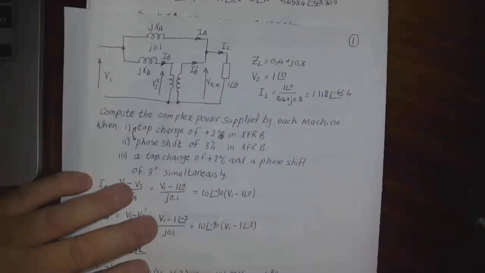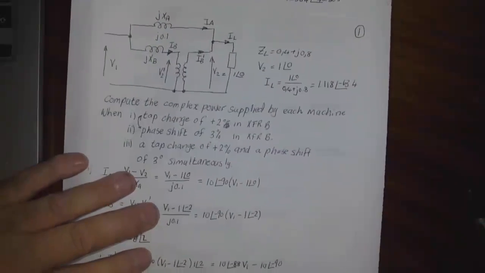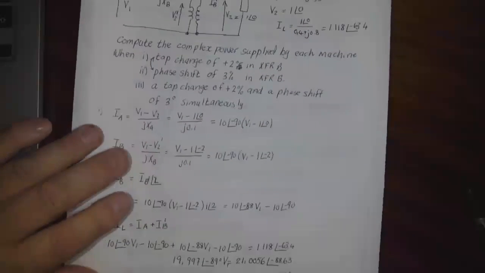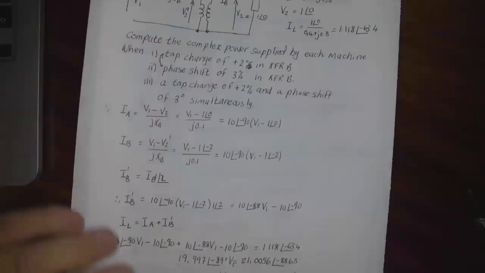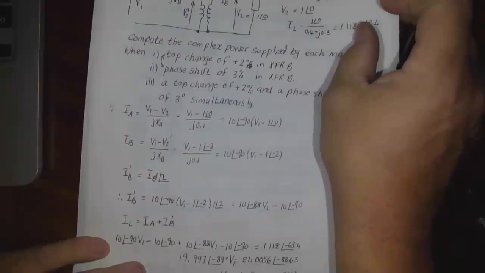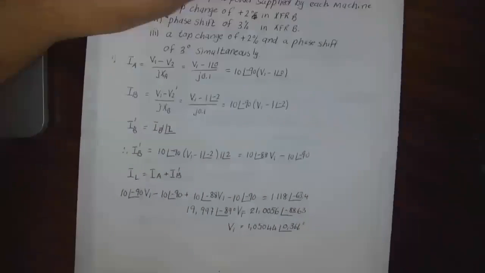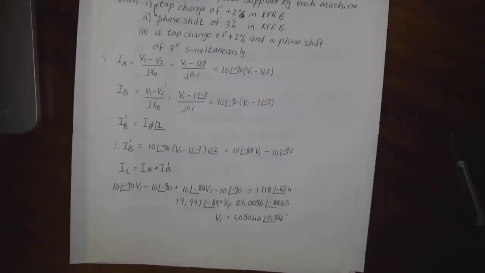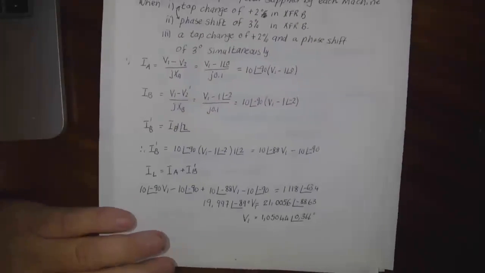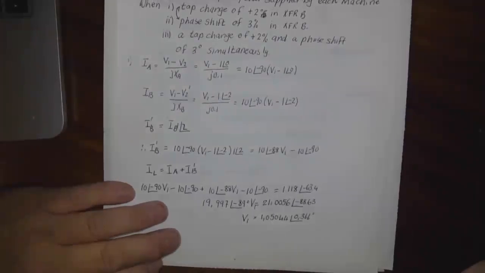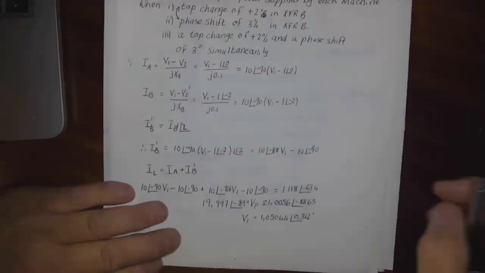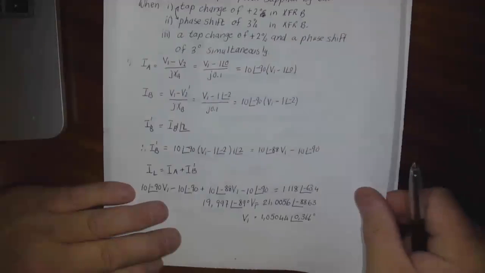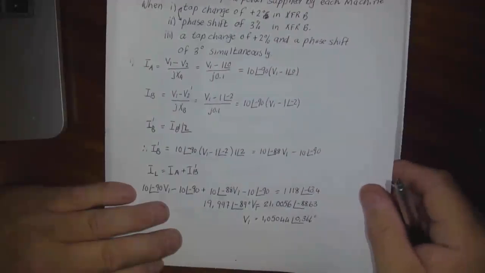That gives us 1.18 angle 63.4. And then if we solve for V1, we get that V1 is equal to 1.05044 angle 0.366 degrees. Any questions up to now?